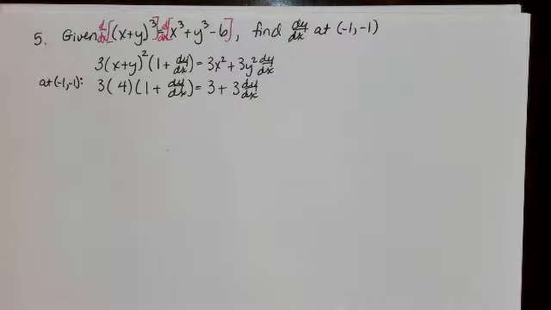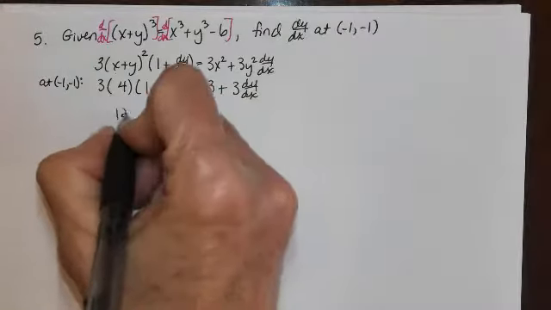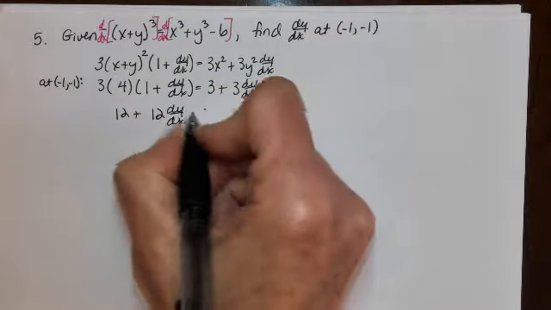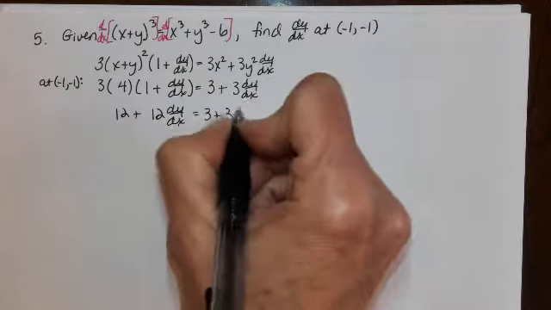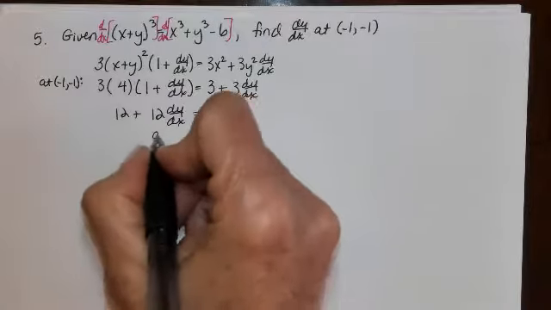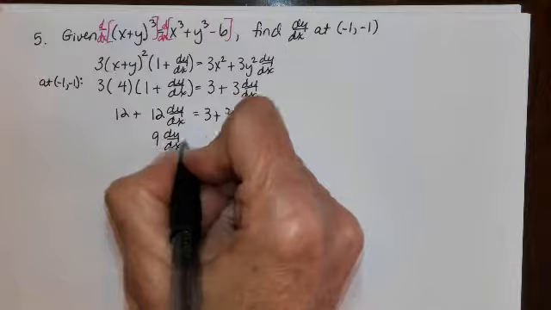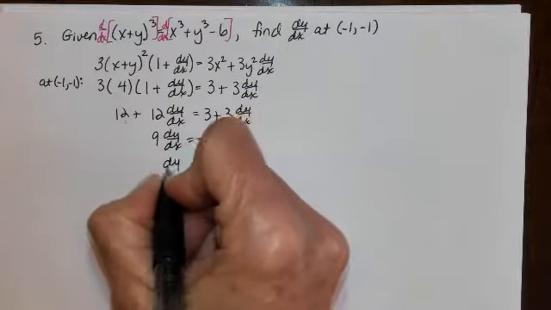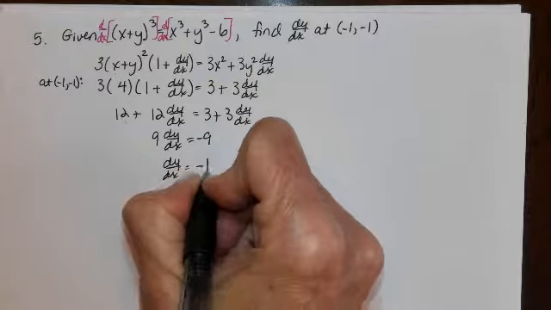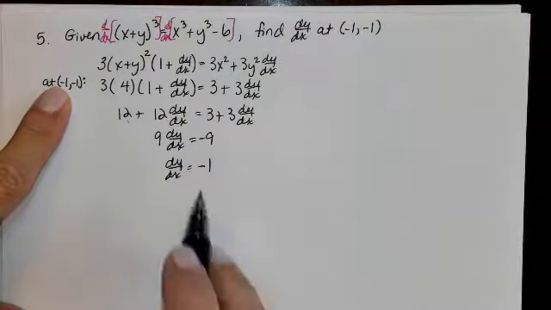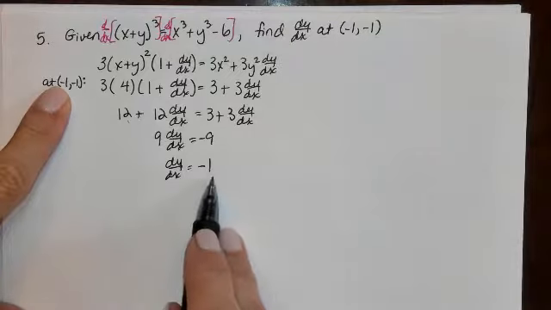And now I have this to solve for dy/dx, which is a little bit better. So this will be 12 plus 12 dy/dx, distributing that 12 through, is equal to 3 plus 3 dy/dx. I'm going to subtract 3 dy/dx from both sides, and I'm going to subtract 12 from both sides. So dy/dx is -1 at that point. dy/dx is not always -1.